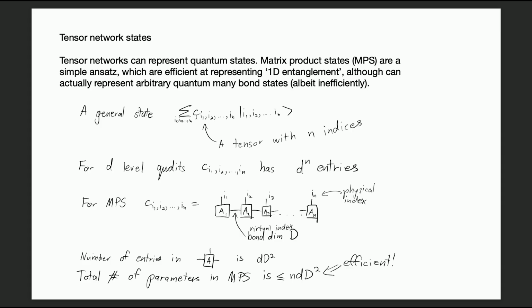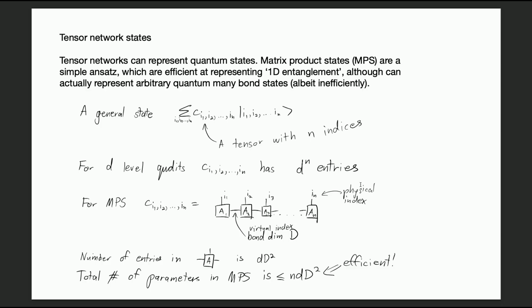This coefficient tensor, you can regard as a tensor with basically n indices. If you have qubits, then the number of entries in this tensor is just going to be d to the n. So it's clearly not an efficient description in terms of n.